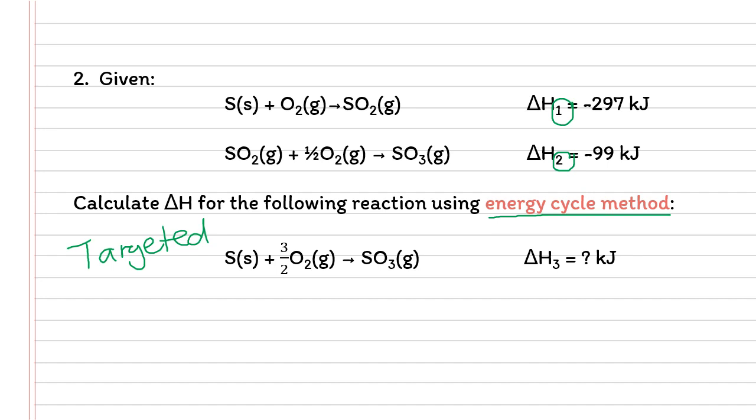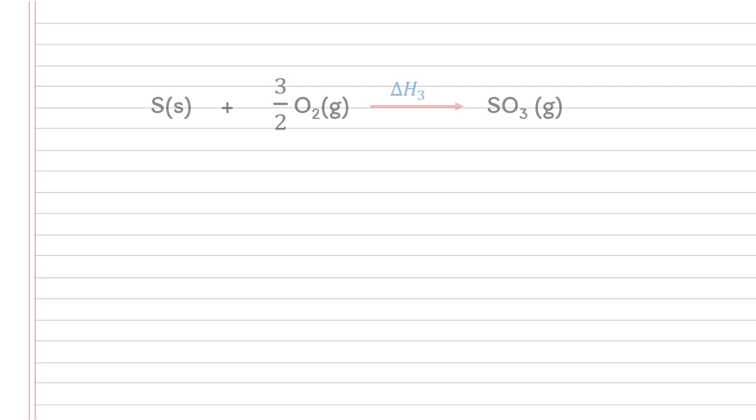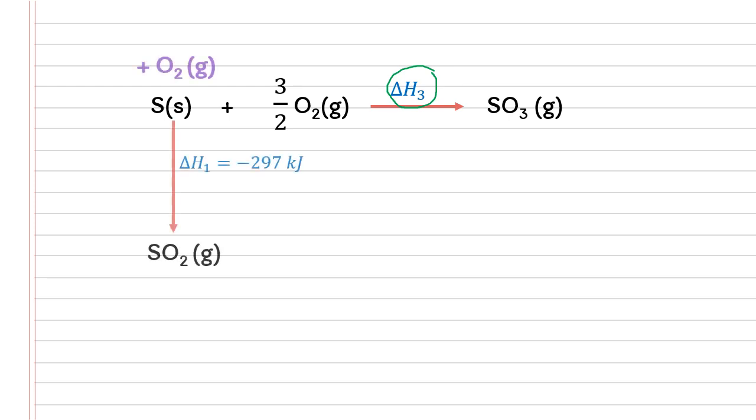Okay, so for whichever method we're going to use, we need to start with the targeted equation. For this energy cycle method, always start with the targeted equation like this, and remember to write the delta H on the arrow. So we have delta H3 of sulfur reacting with 3/2 oxygen gas to give you SO3 gas, followed by the first delta H, which is sulfur reacting with oxygen gas to give you SO2 gas.